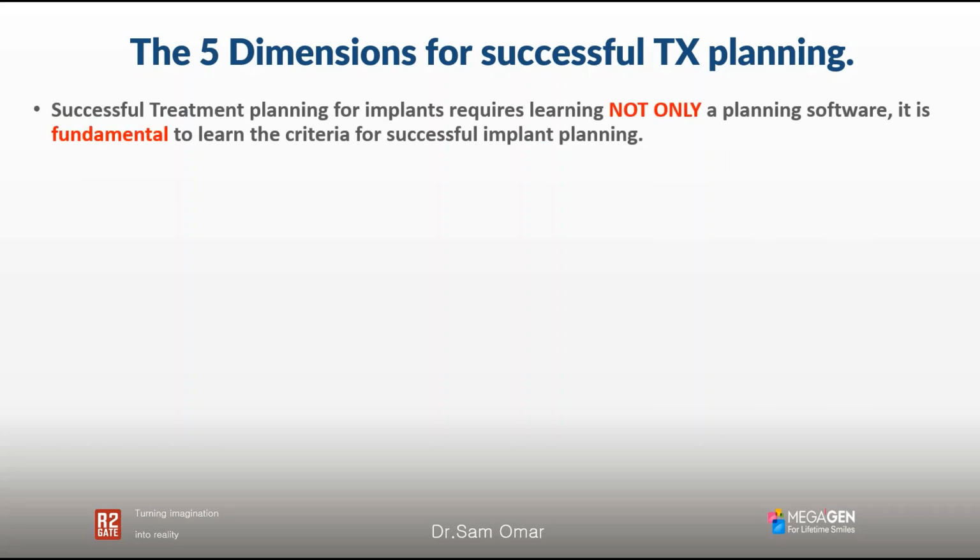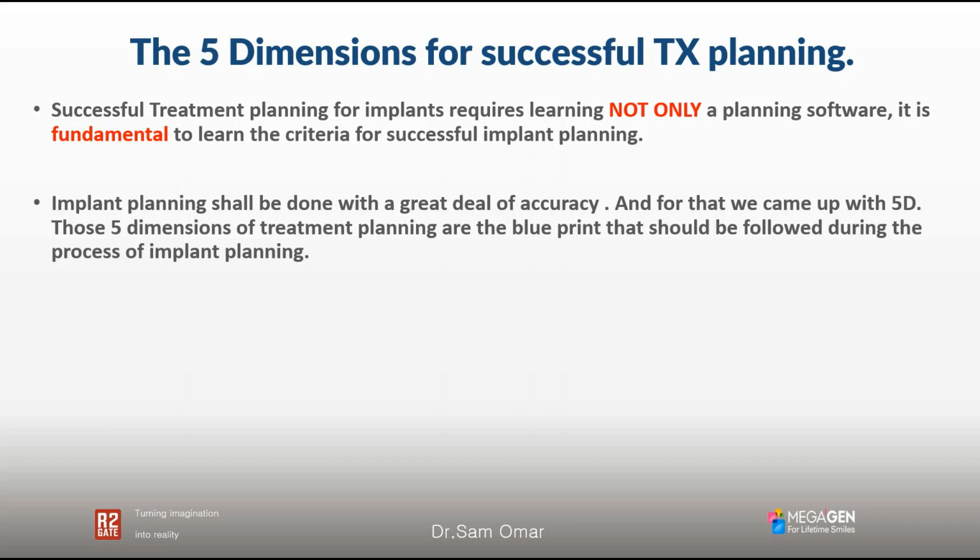For you to treatment plan a case successfully, you don't only need to treatment plan using a software, you also need to know what would be the ideal implant position and why you are placing the implant in this particular position. Implant planning will be done with a great deal of accuracy. And for that reason, we came up with the 5 dimensions of treatment planning.